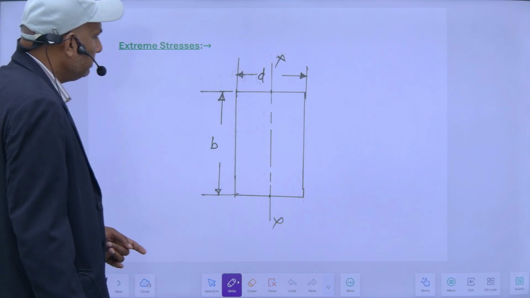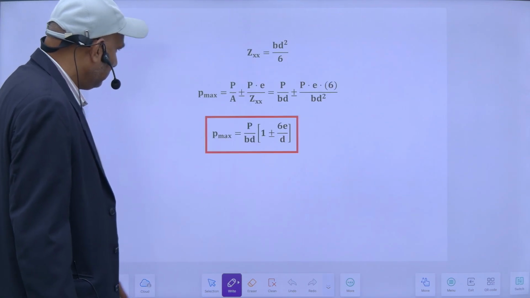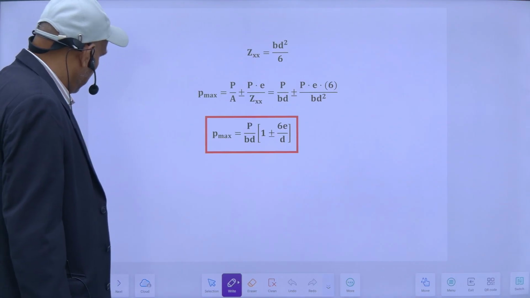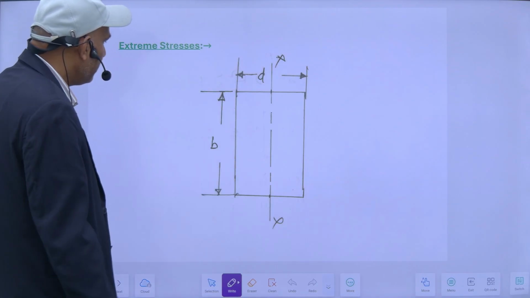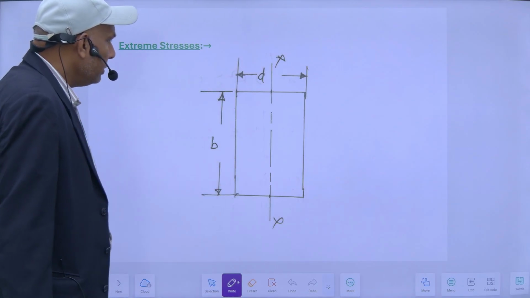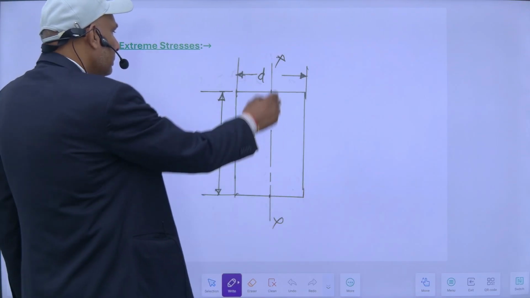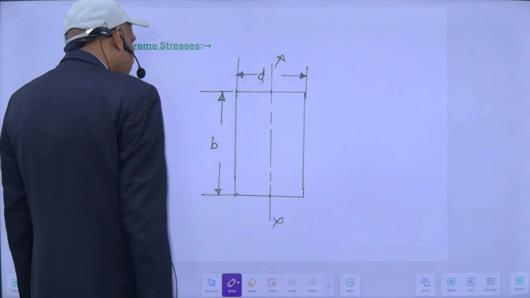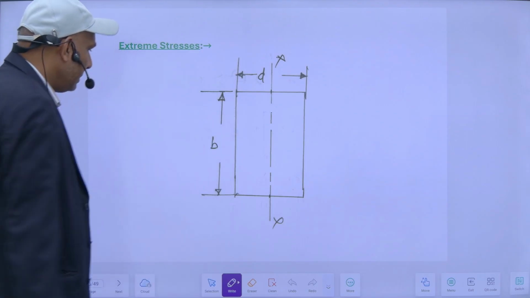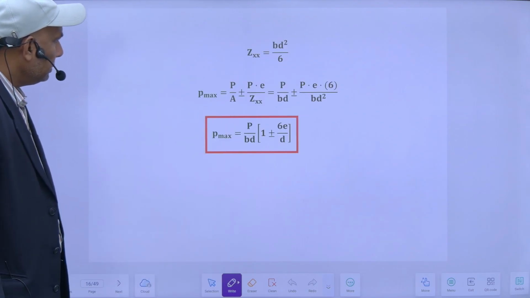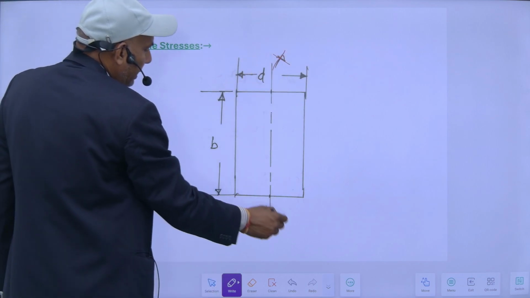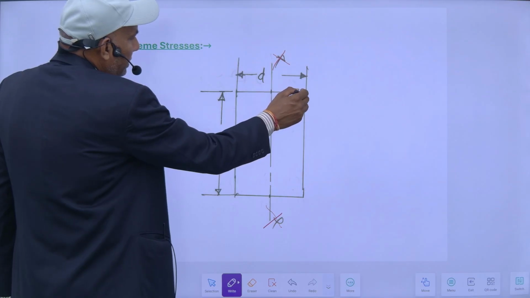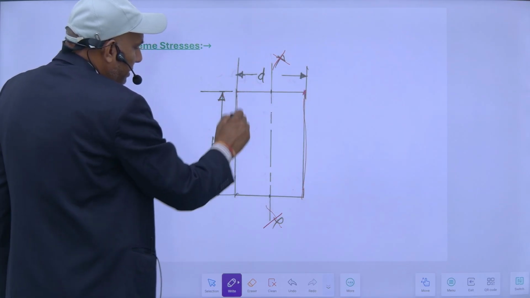In this case, let us find the extreme stresses that can be developed. This is my B and D. Suppose this is my x-axis, and I want to know the stress on this face and on this face.